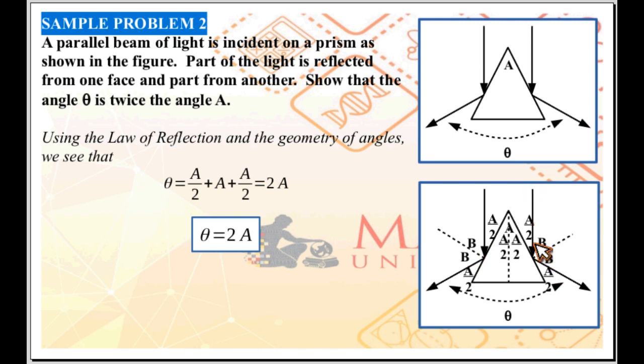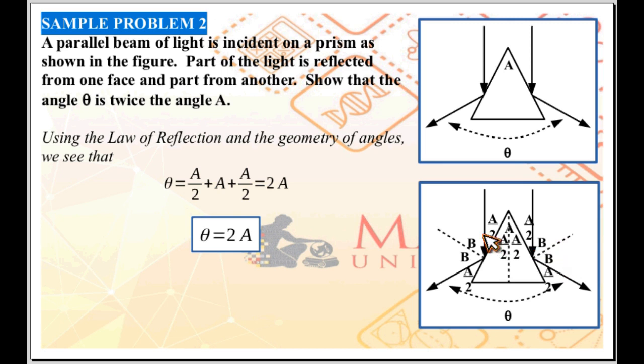Since the two beams are parallel, the reflection of the two beams will also be identical. This beam of light reflects off this side of the prism. You have angle of incidence and angle of reflection. If this is B, this is also B. The law of reflection tells us that they are the same.